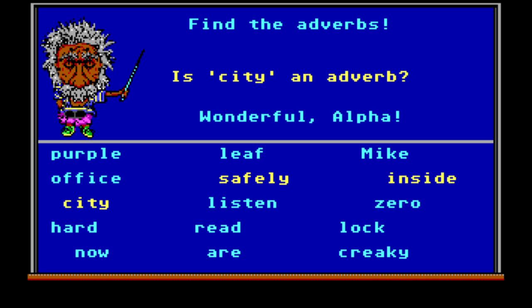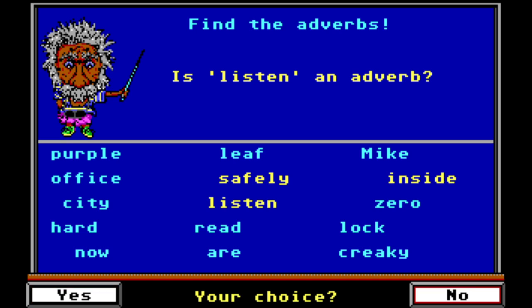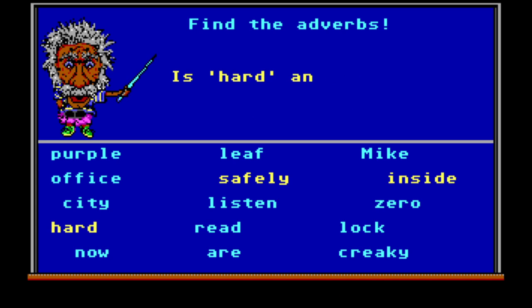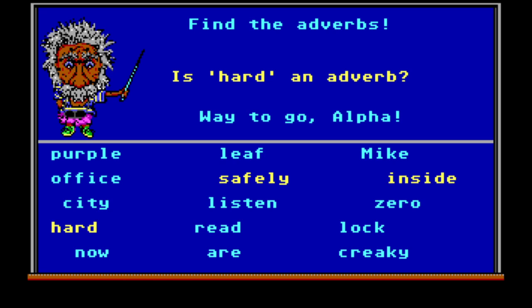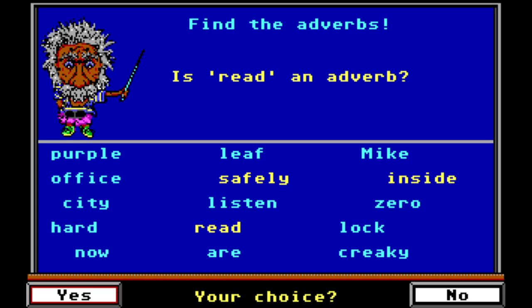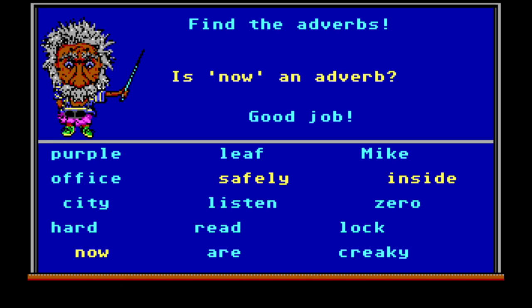City is a noun. Listen is a verb. Read is a verb. Hard is an adjective. Read could be... No, read is a verb. Lock is a noun or a verb. Under the definition of modifier, I don't know.